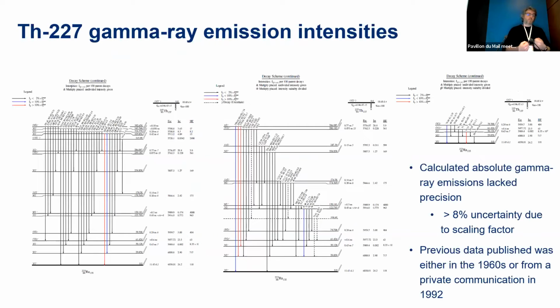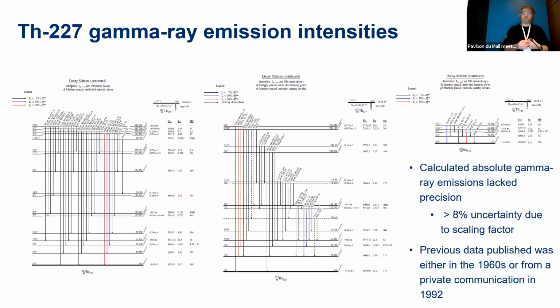So this is incredibly complicated. There are about 240 gamma emissions coming from thorium-227 decay alone. There are a lot of alpha decay pathways. But the problem is the absolute emission intensity itself has been calculated from the decay scheme, and the decay scheme itself is actually not particularly well known.